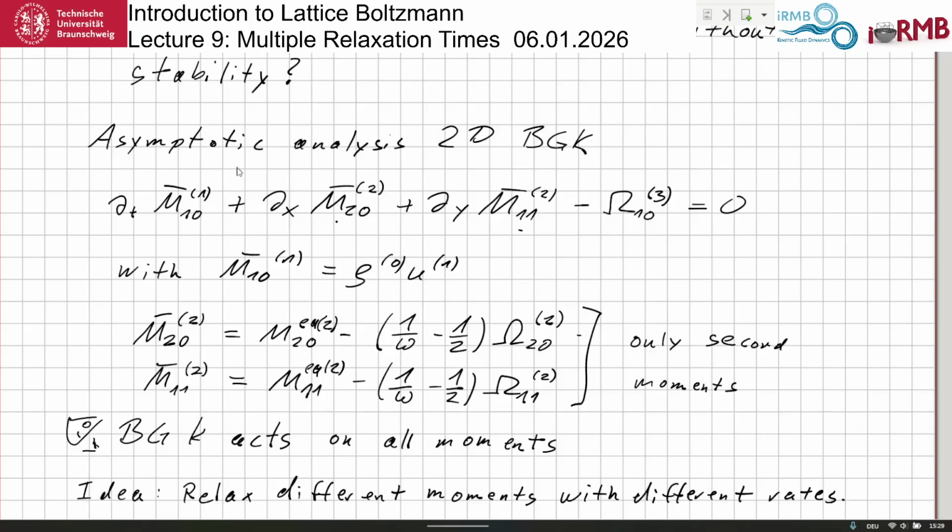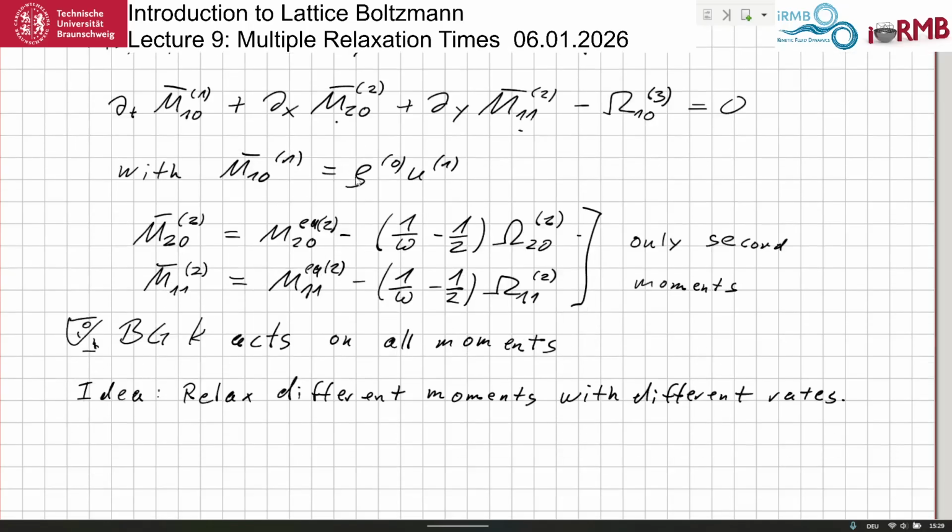So what's to choose here? Okay, let's first of all look at these guys that we have here. Yeah, the things that we actually want to relax, these guys here. And we start with omega 11 to second order. So what is this?